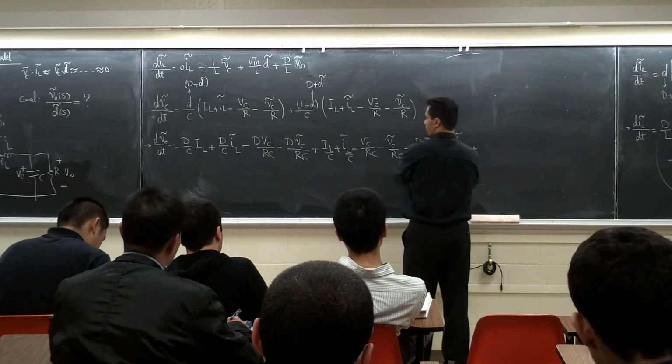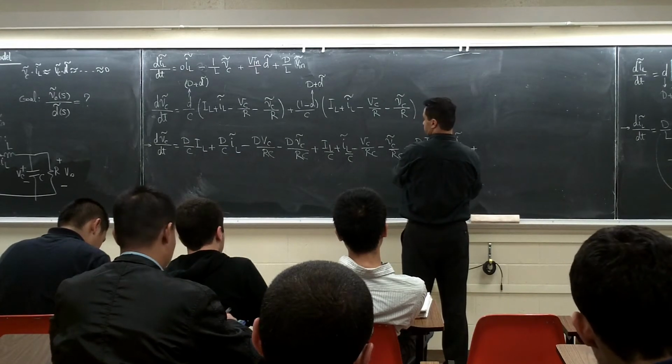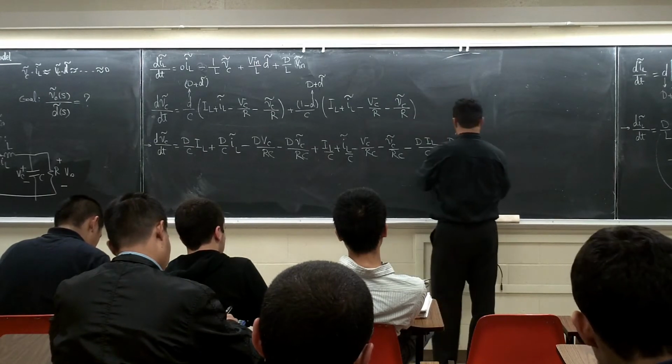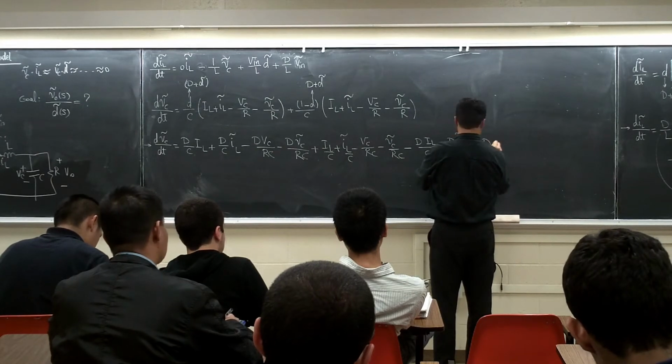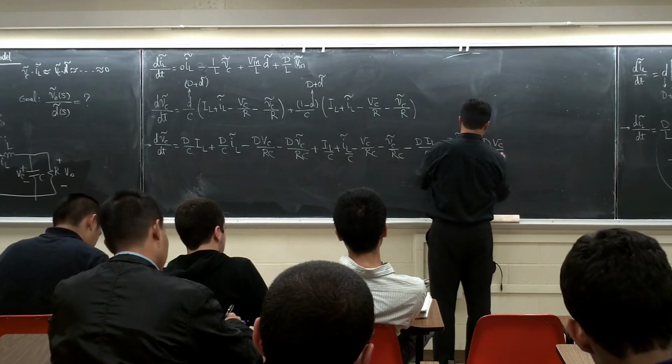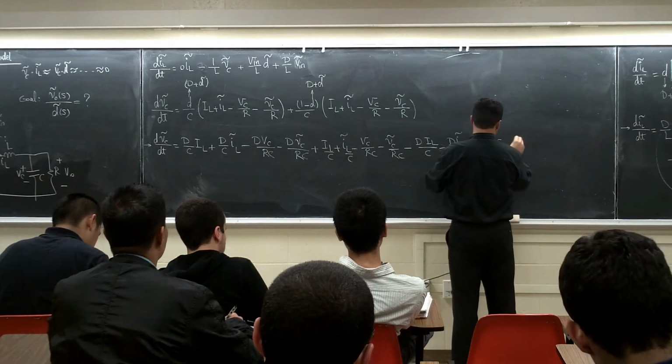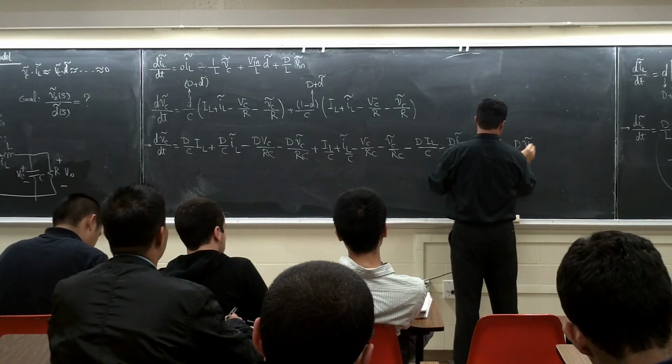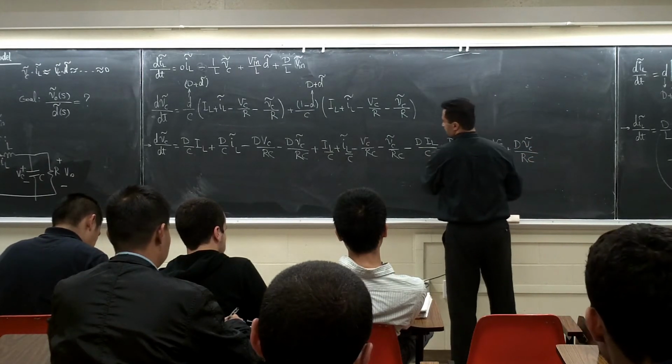Now we take here d over c il, d over c il tilde plus d dc over rc plus d dc tilde over rc. So we did this one.